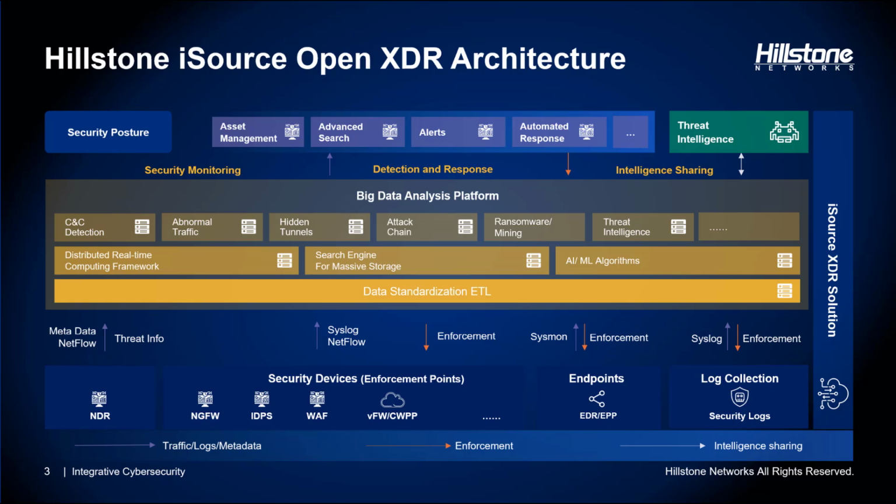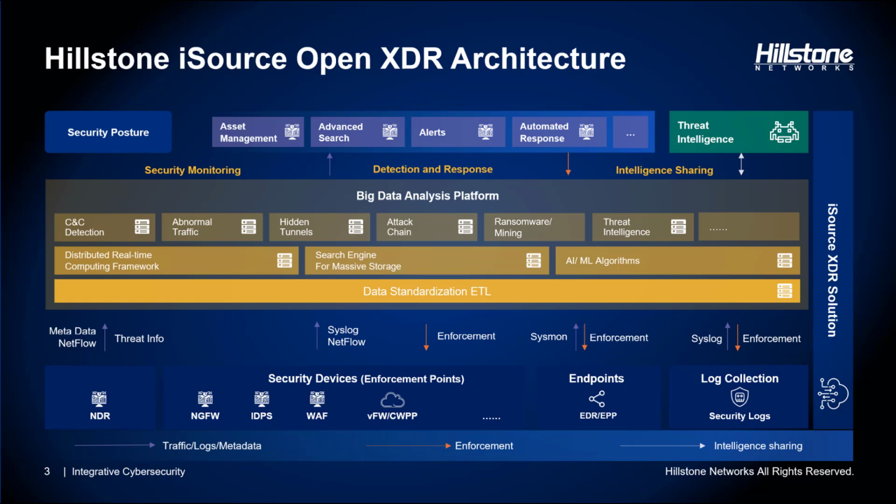It can also connect to threat intelligence feeds, both from Hillstone and external partners, to enrich detection capability. Within the central analytical engine, we have an array of detection engines. This includes detection for botnet and C&C, detection for anomalies and hidden tunnels, and also correlation engines that are able to detect things like ransomware and crypto mining in your networks.